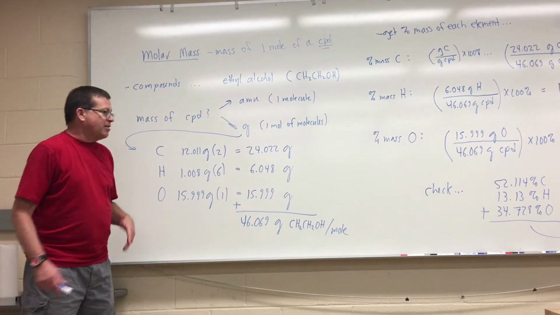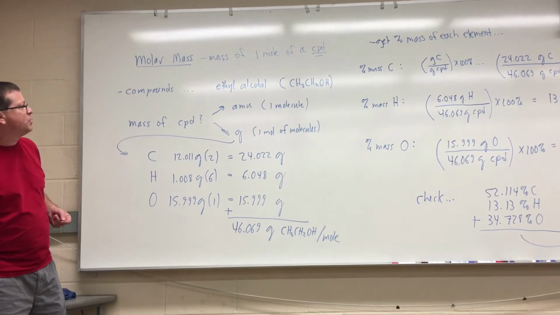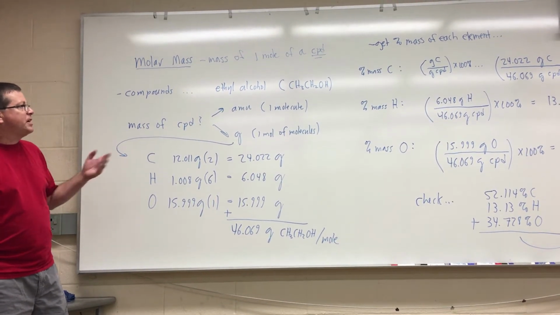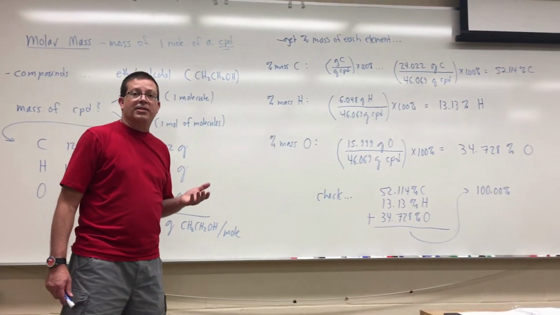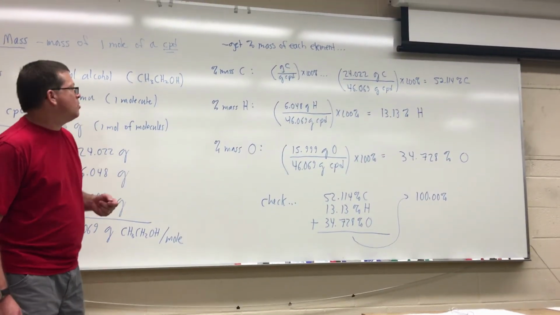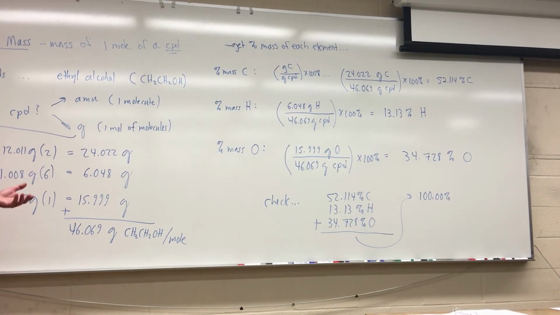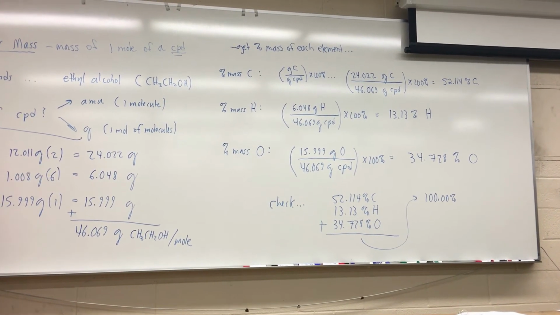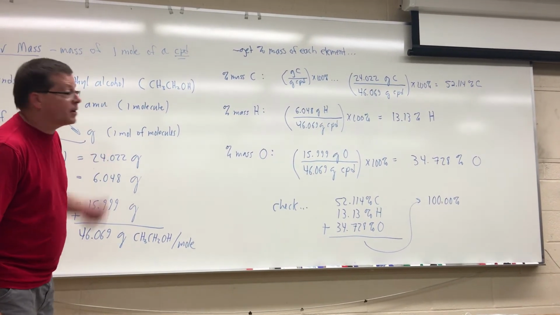All right? Now another thing that we can do, which is actually useful down the road in problems that we're going to work, is we might want to deconstruct this in terms of the percent mass of each element that we have in the compound. That's fairly easy to do. Because again, all I need to know is how many grams I've got per formula unit of each element in the compound, and I'm going to divide that by the total mass of 1 mole of the compound.